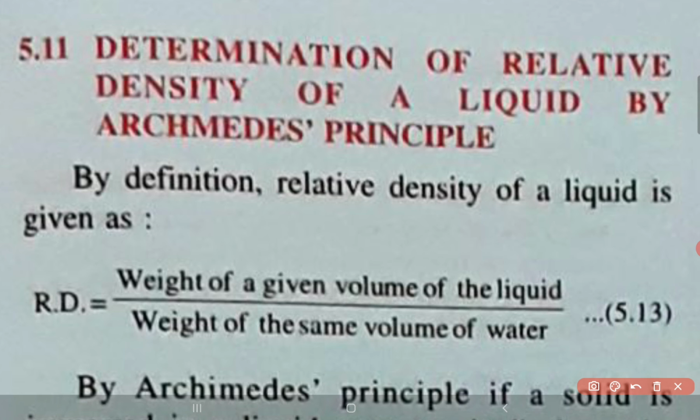This was from the formula ms upon mw, the mass of the substance upon the mass of the water of same volume. When we multiply with g on both sides, we shall get the weight here. I hope you have understood this.